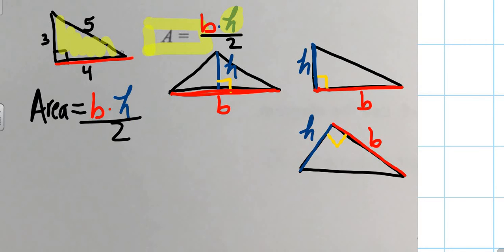Our base in this case is 4. Our height is 3. I did not choose 5 because base and height always implies a right angle. So I use the 2 pieces connected to the right angle. So it's 4 times 3 divided by 2.